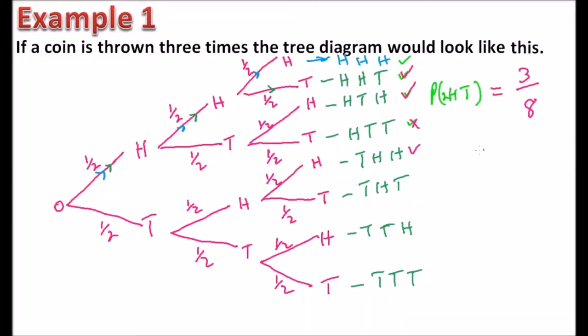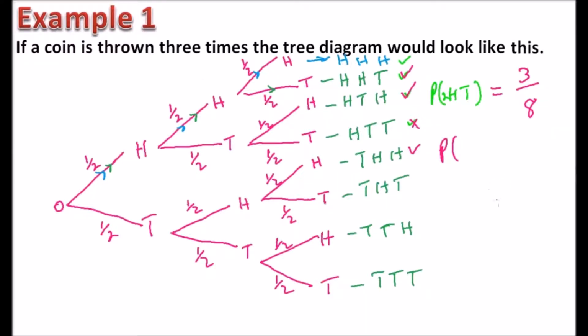The probability of getting one tail and two heads seems to be the same, so let's change that.